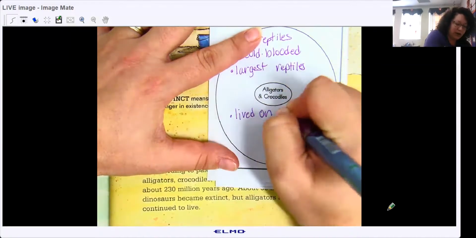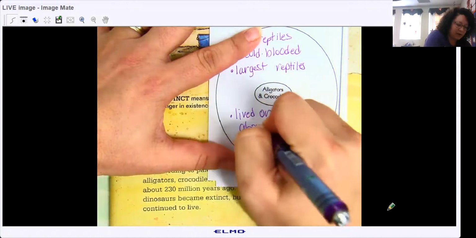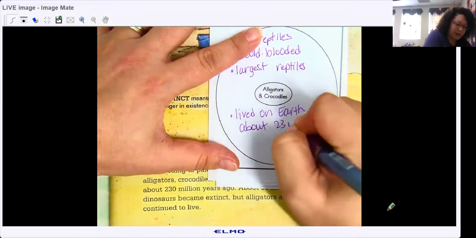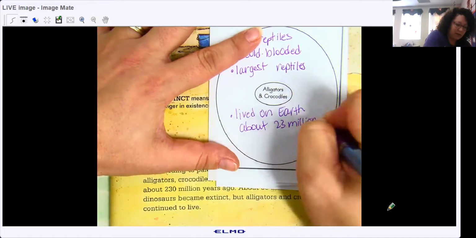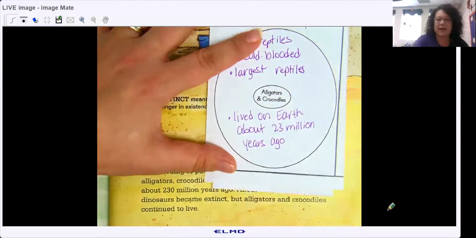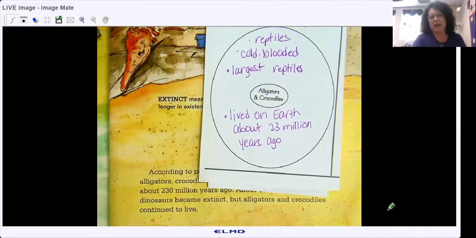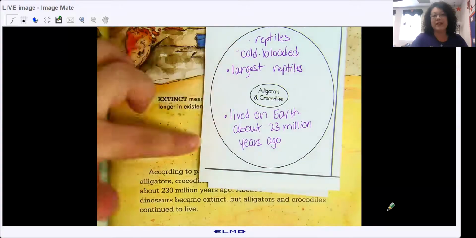That's a long time. It's crazy to think that they lived on Earth with dinosaurs. The dinosaurs are extinct, but the alligators and crocodiles continue to live. Okay, so those are some of the things that are the same.